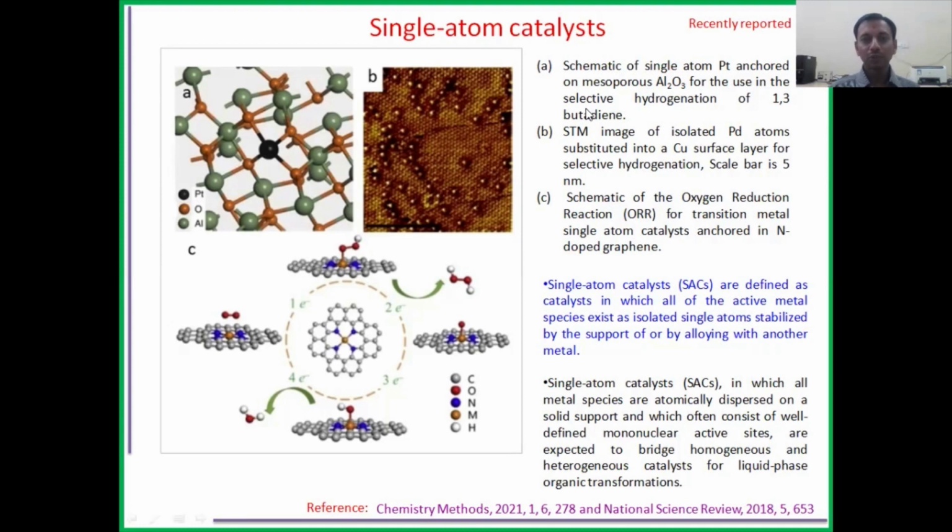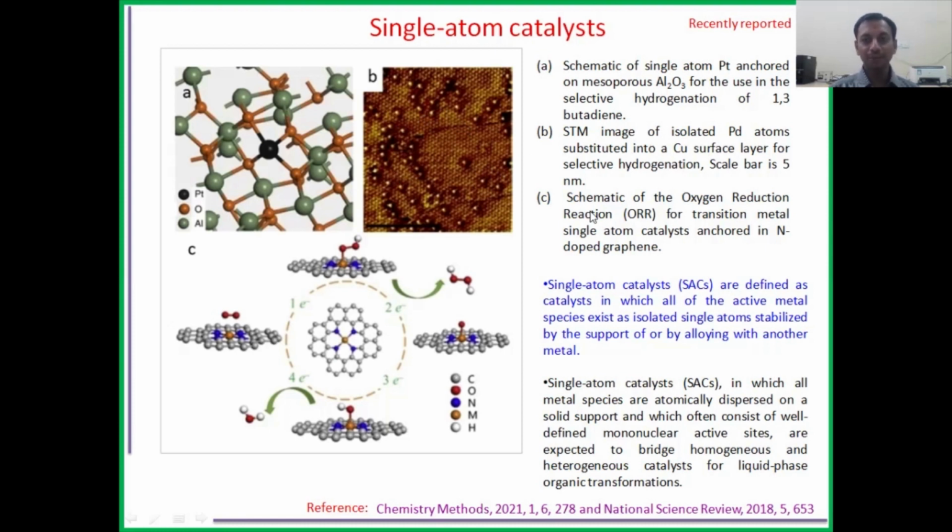So here you can see there is an STM image in figure B of isolated palladium atoms substituted into a copper surface, and that is used for selective hydrogenation.